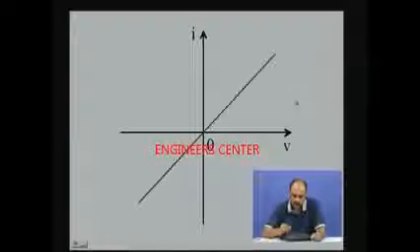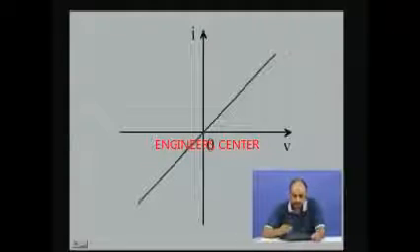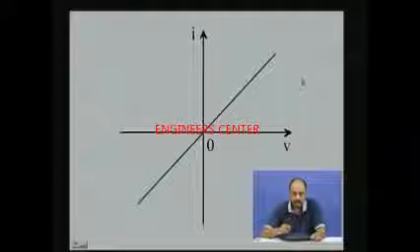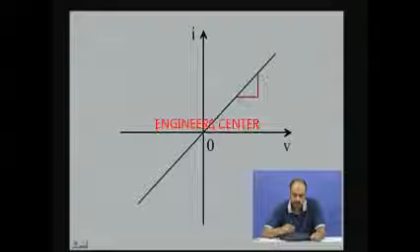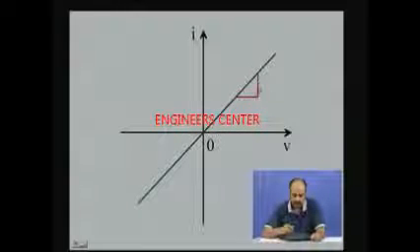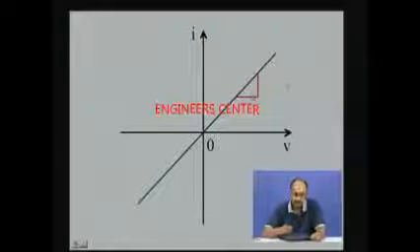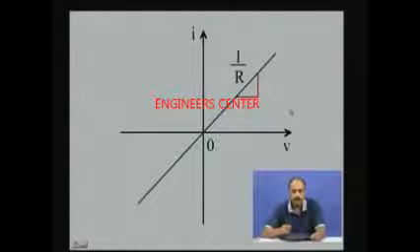In this IV characteristic, the character of the resistor, as you see here, is a straight line, and the slope in this case is I by V, which is 1 by R, or 1 by the resistor's resistance value.